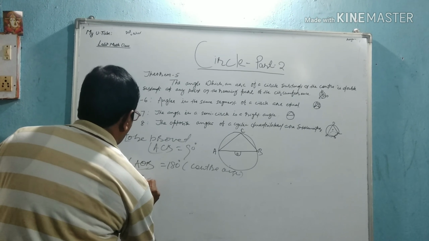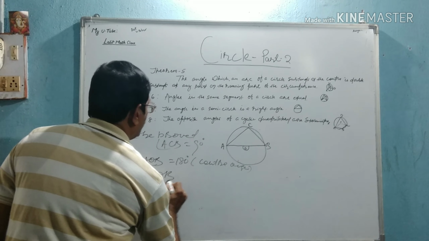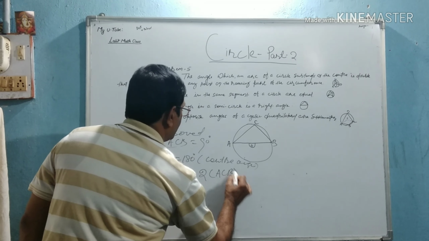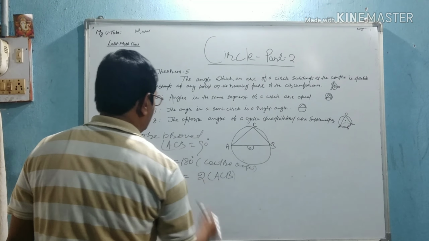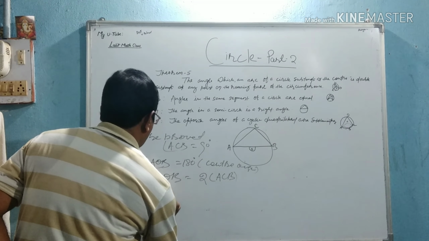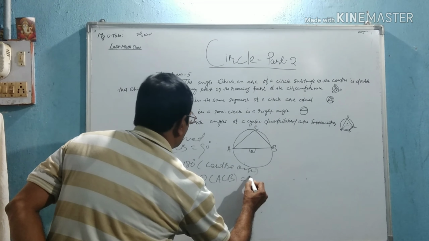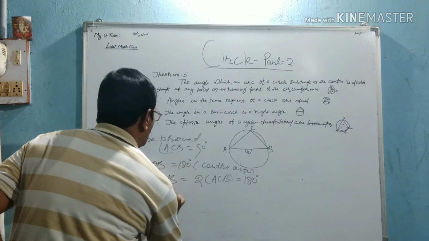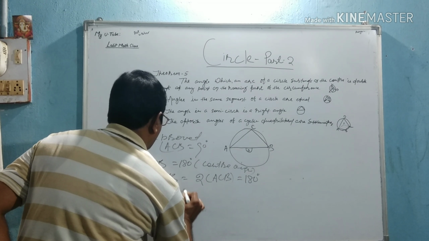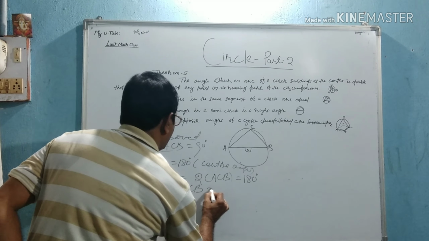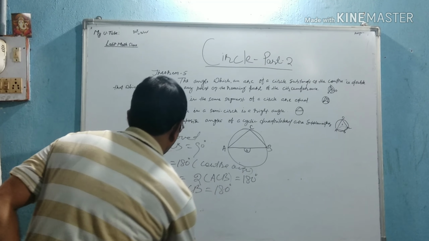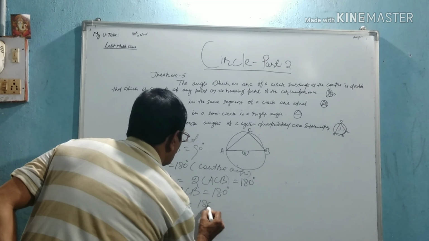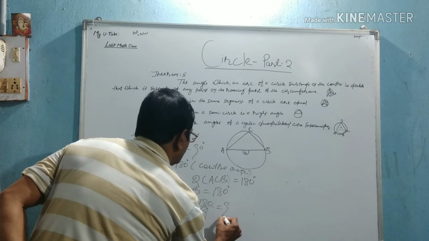Hence, angle AOB equals 2ACB, and that is equal to 180 degrees. So 2ACB equals 180 degrees. Hence ACB equals 180 degrees by 2, that is 90 degrees.